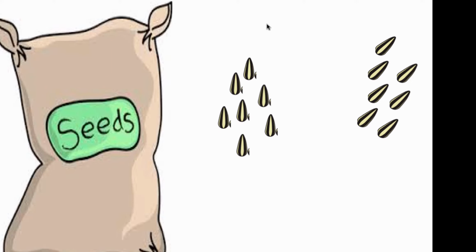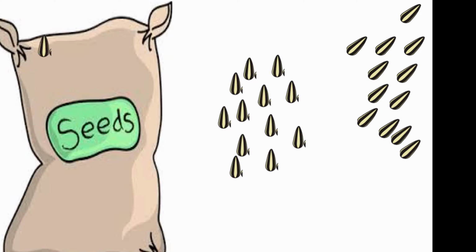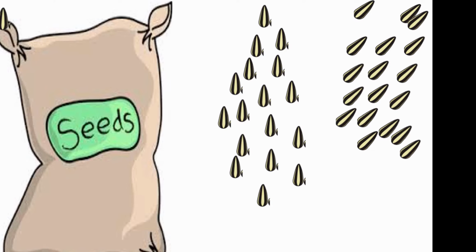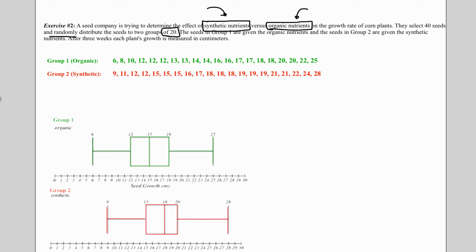We're randomly putting them into 2 groups. And in each group, there's going to be 20 seeds. We plant those seeds and then we watch them grow. Group 1, green for organic, these are the heights. And the group red, the synthetic, these are the heights.